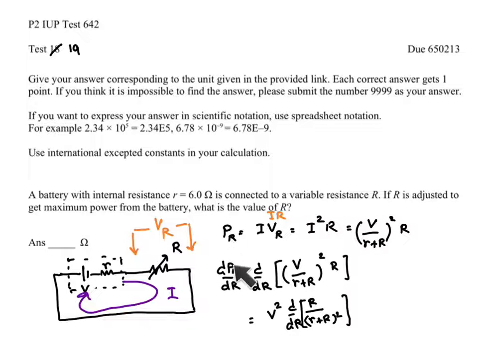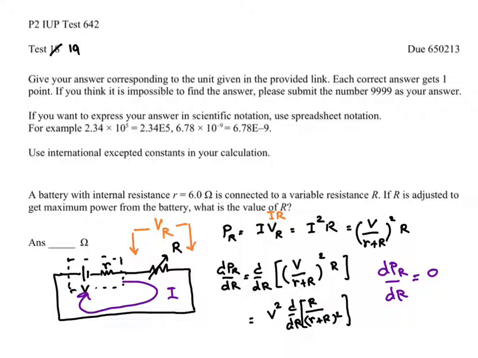Now we want to find the value of R for which PR is maximum. We can use a trick from calculus: we find the derivative dPR by dR, because now our variable is R. The condition for maximum PR is that dPR by dR is equal to 0.